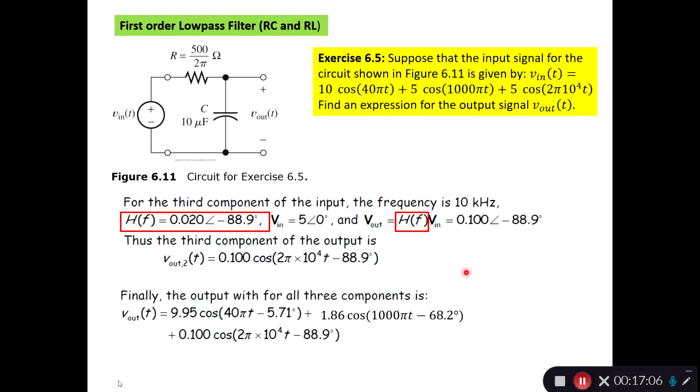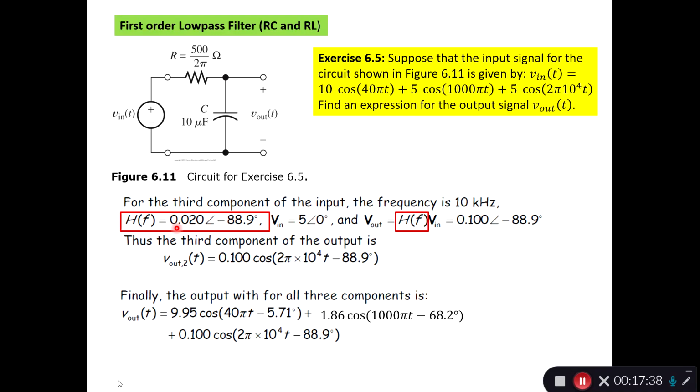So now I can calculate V out for the third component here. I take the transfer function at 10 kilohertz and I find out what V out over V in is. That's my phase, the magnitude of the input, and there's 0 phase. So I have 5 times 0.020, with 0 phase shift.